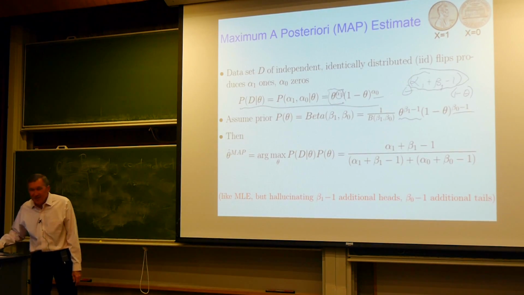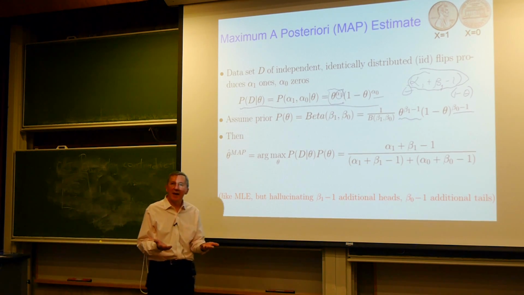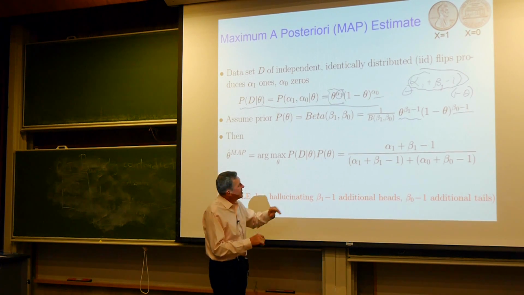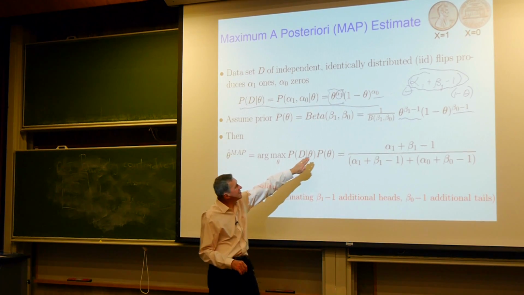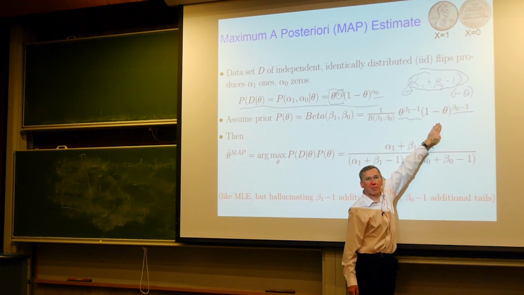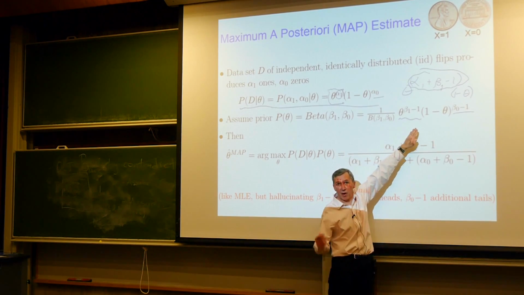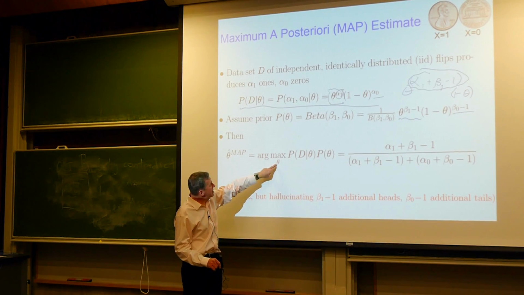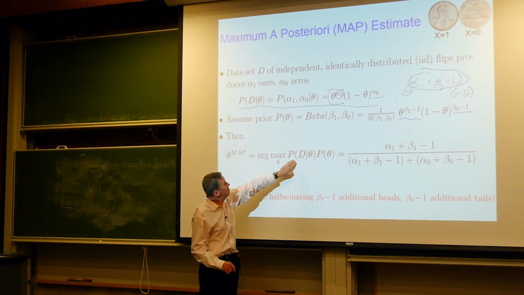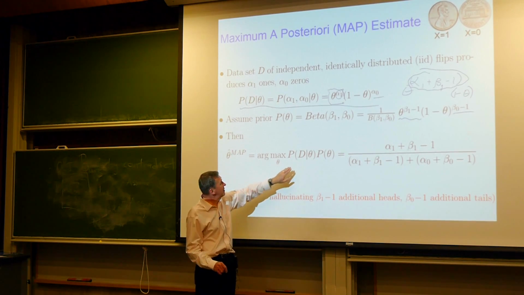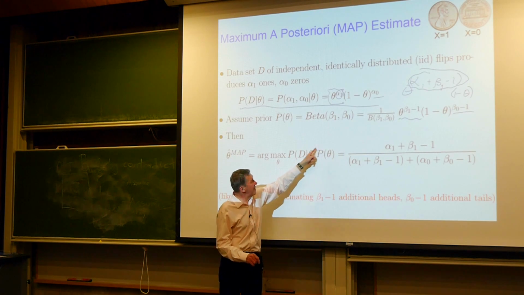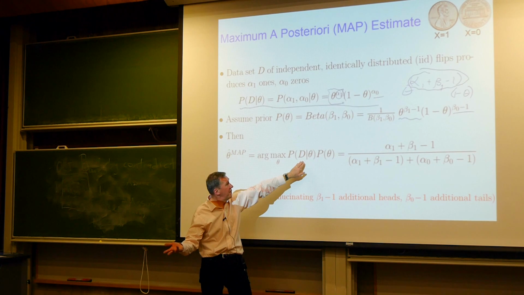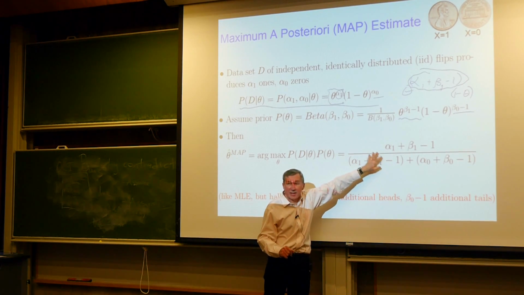Okay, so there's some nice mathematics there that tells us that if we want to assume this kind of a prior on the probability parameter that we're estimating for our coin, then choosing the theta that's most probable given the data, which is the same as choosing the theta that maximizes this, because this is the numerator for Bayes' rule, is in fact this.